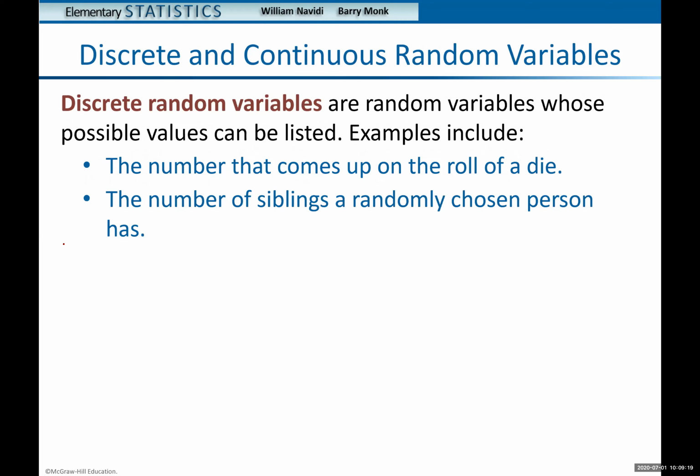So discrete and continuous. Discrete random variables are those whose possible values can be listed, like what you said. Examples are the number that comes up on a roll of a die, or the number of siblings a randomly chosen person has.